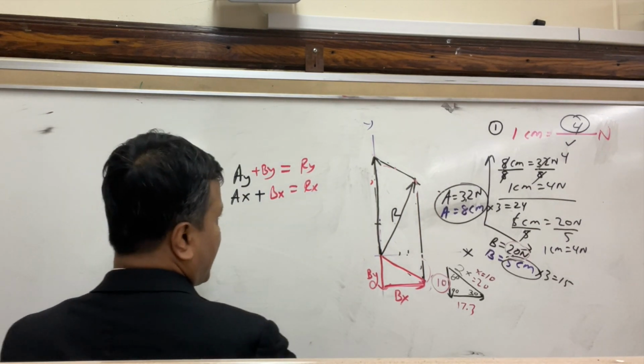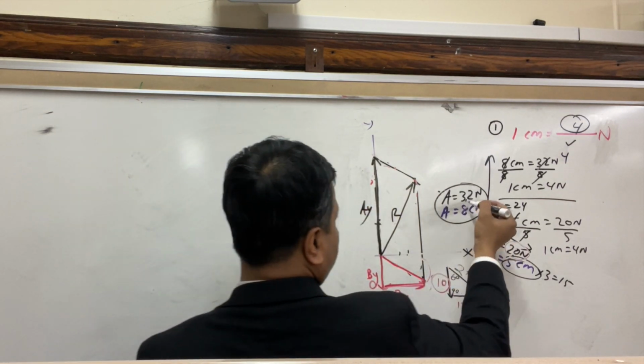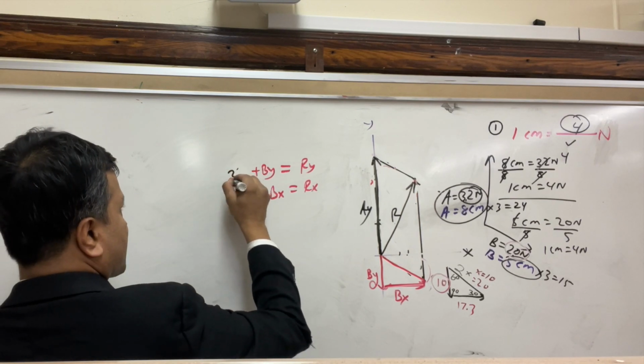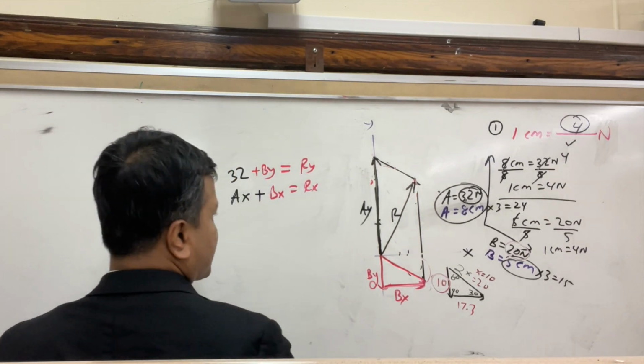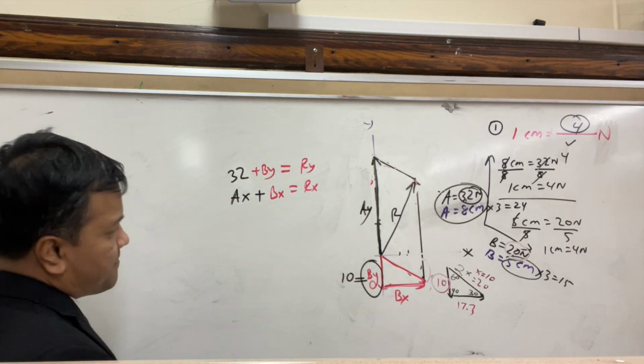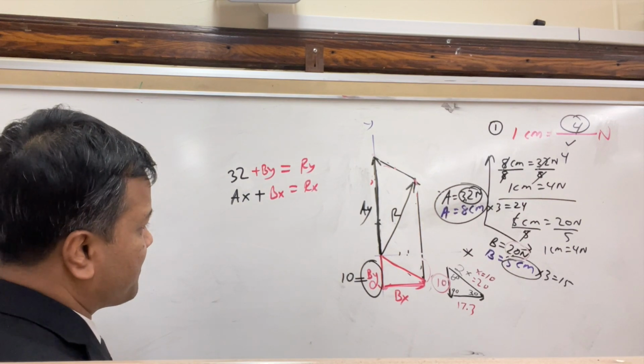Ay is 32. By is negative 10. How is it negative 10, you're probably thinking.